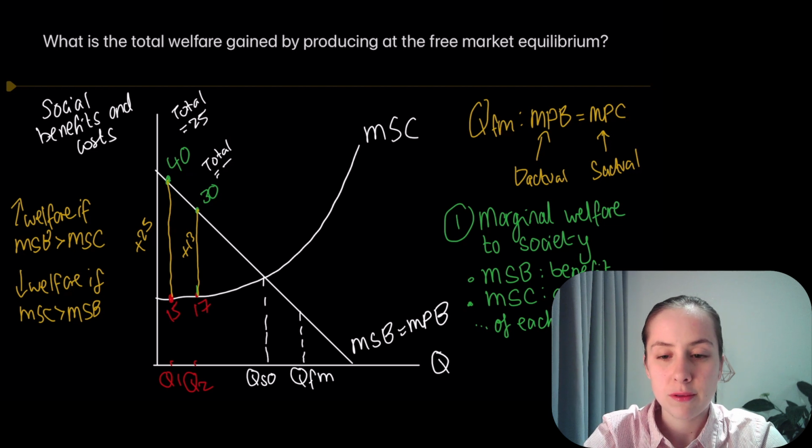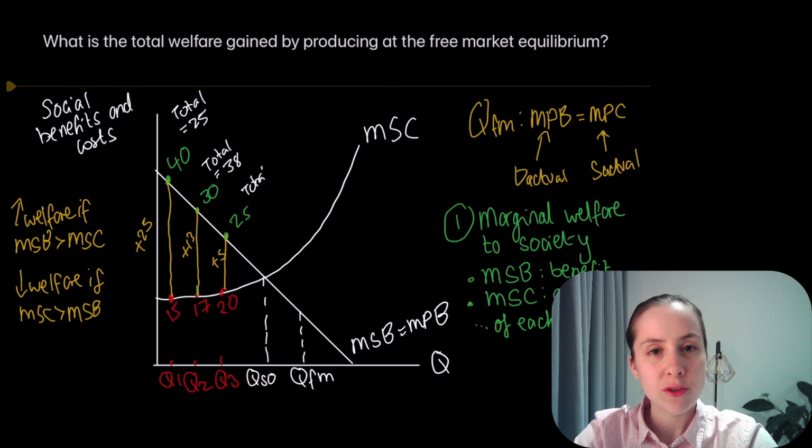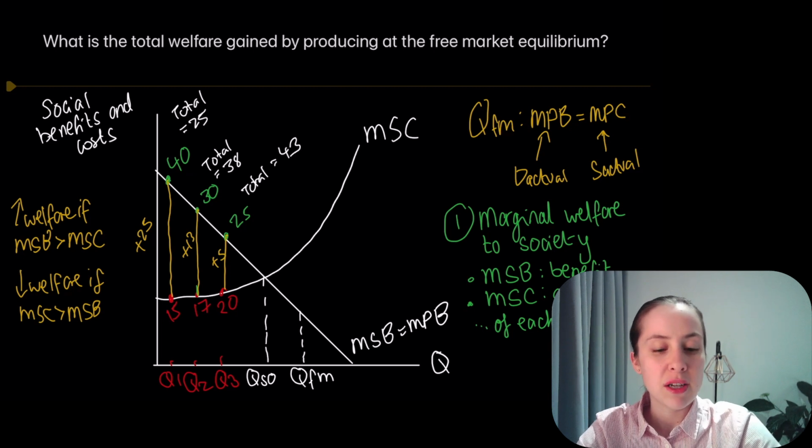And let's repeat for all the units. I'm going to put that at 20. This one's added in another 5 onto welfare, bringing the total onto 43. And you can see that total welfare has been increasing because each of these units had more benefits than costs.